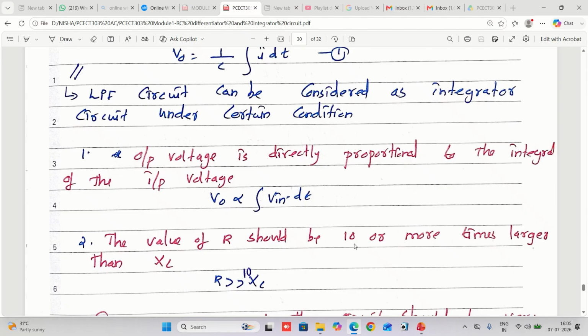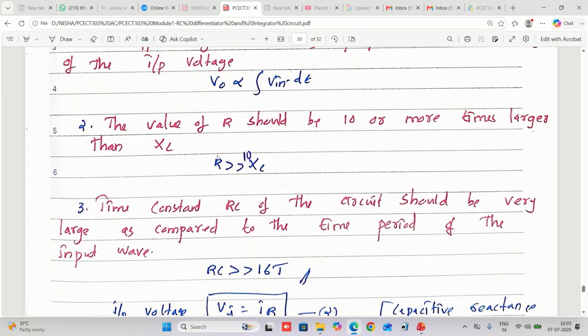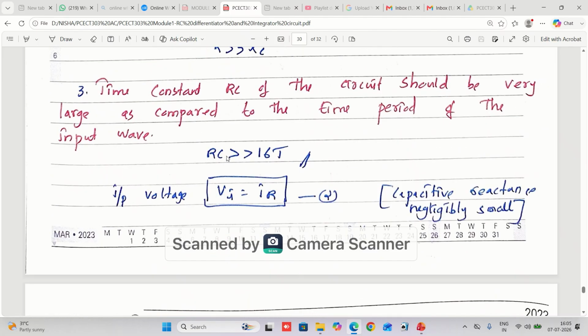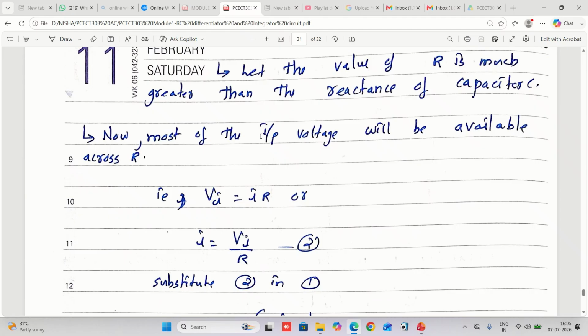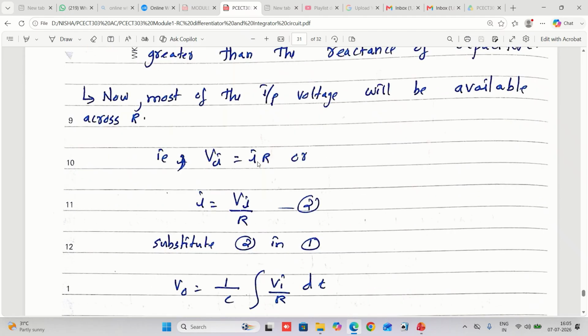The value of R should be 10 times more than XC. The input voltage Vi equal to IR, since the capacitive reactance is negligible in this case. So I equal to Vi by R.